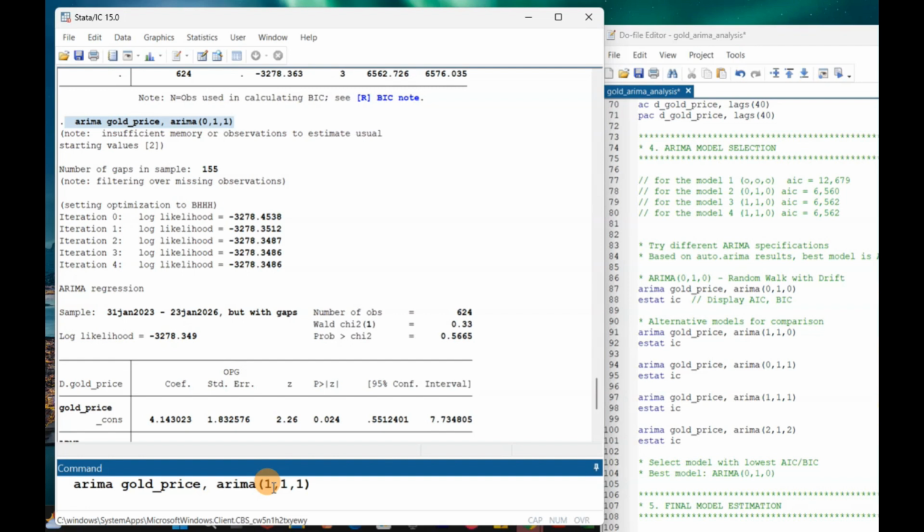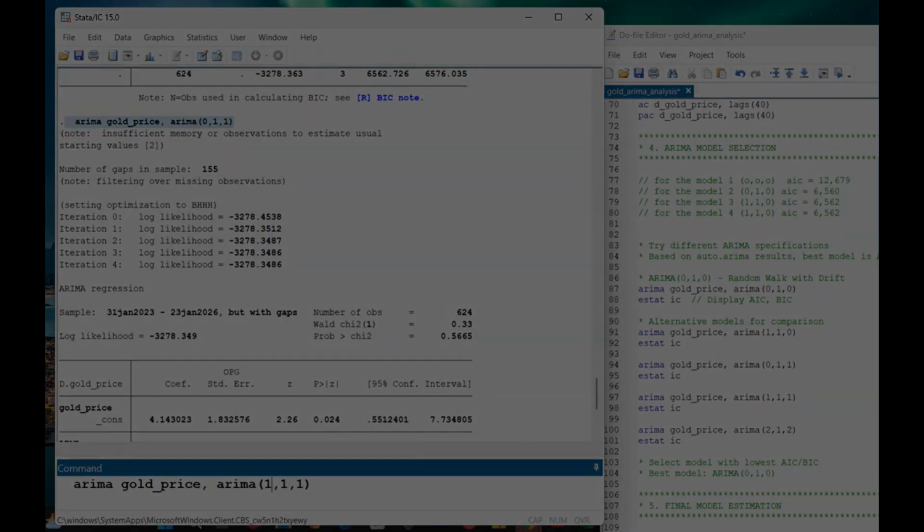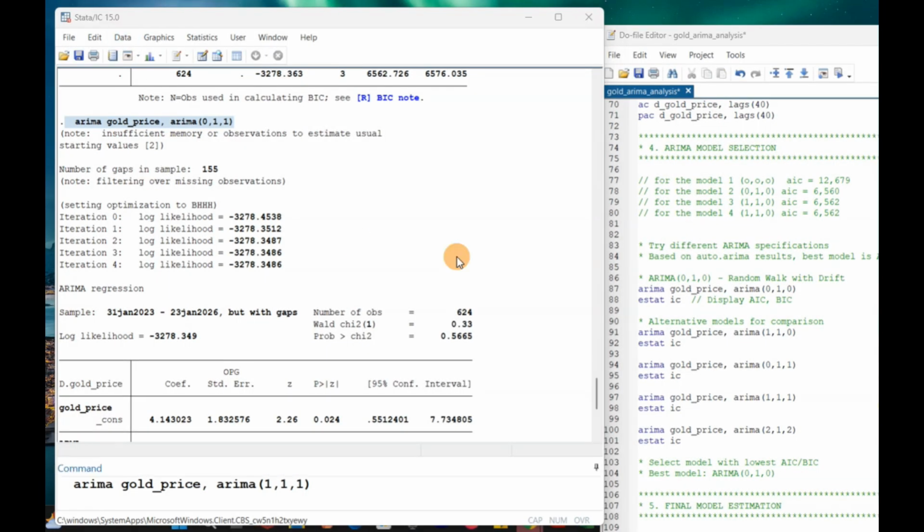Right? Yes. So we've said that the reason we keep the integration at 1 is because the gold price is not stationary. Now the question is, when we run the ARIMA, do we consider the first difference of the level? We did the unit root test for level and found that the gold price was not stationary, and we did the first difference, where it becomes stationary.